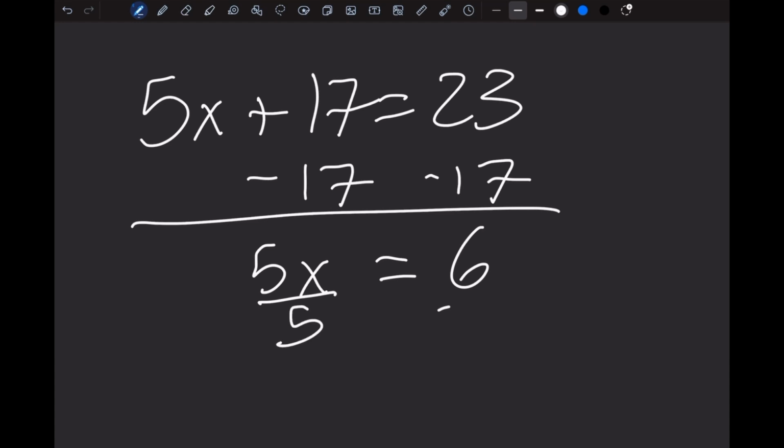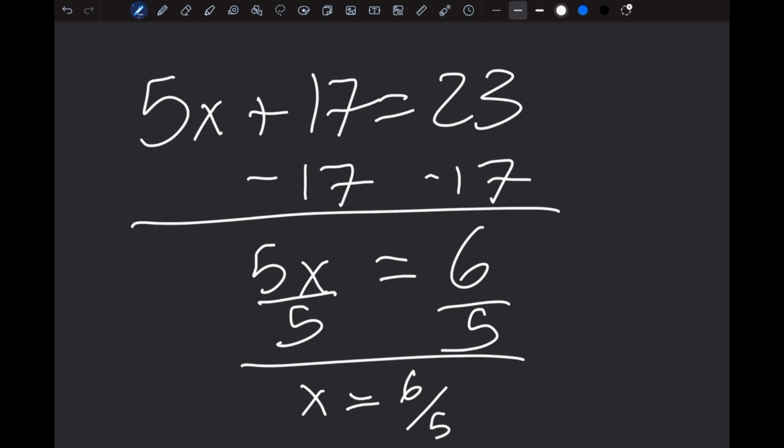So you divide by 5 on both sides, because 5 divided by 5 gives you 1, which 1 times x is just x. So then you're just left with x is equal to 6 over 5. So that's one type of equation that you can expect to see.